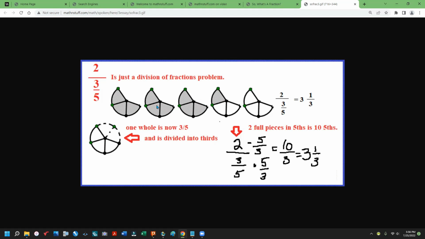Notice I have one whole circle or one whole piece, one whole piece, one whole piece, and one partial piece. I have 3 wholes and 1/3.